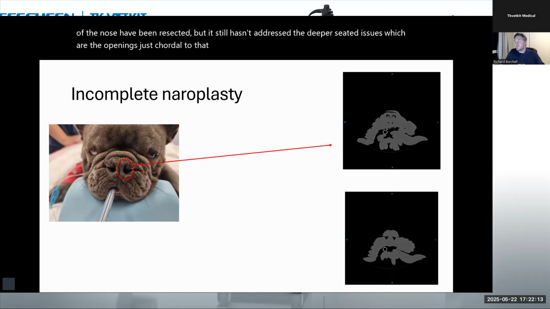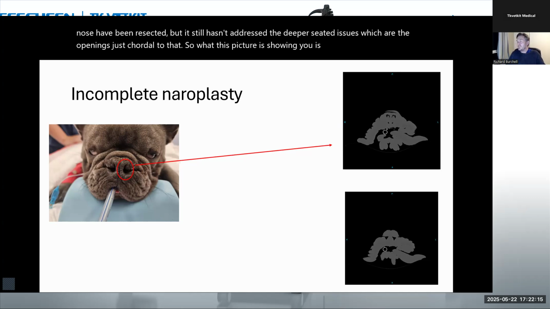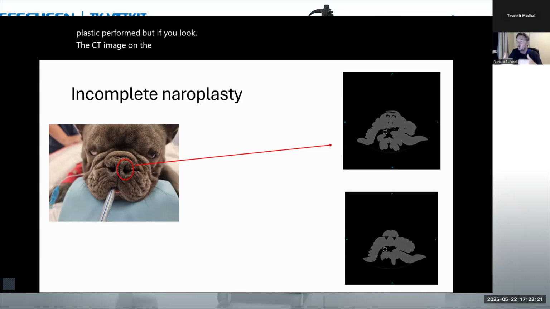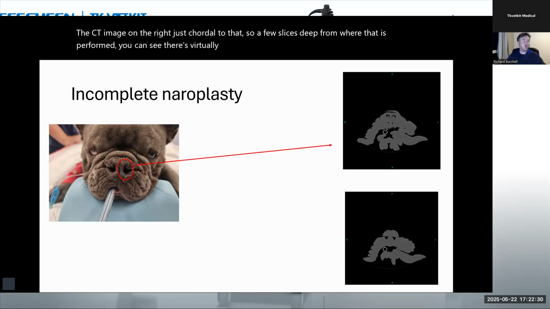So what this picture is showing you is this dog has had a narrowplasty performed, but if you look at the CT image on the right, just caudal to that, so a few slices deep from where that is performed, you can see there's virtually no opening at all through that nasal passage.